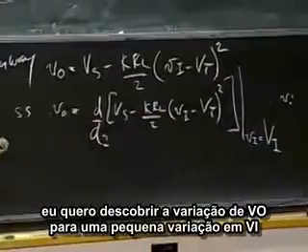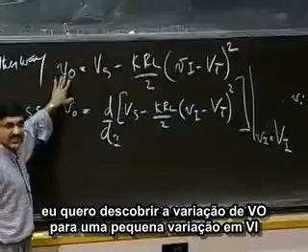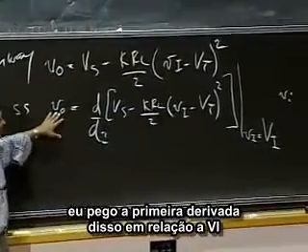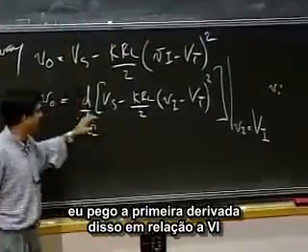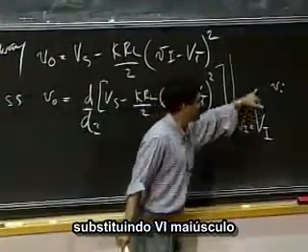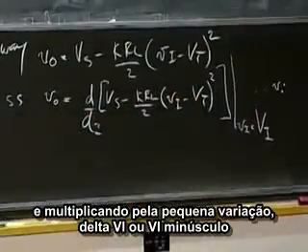Right, this is good old math again. I want to find out the change in Vo for a small change in Vi, and I do that by taking the first derivative of this with respect to Vi, substituting capital Vi, and multiplying by the small change delta Vi or small vi.